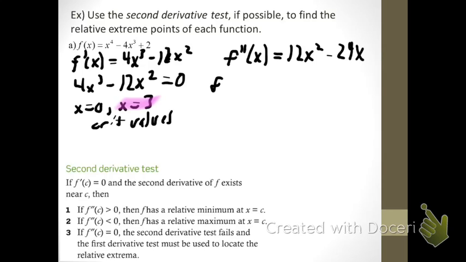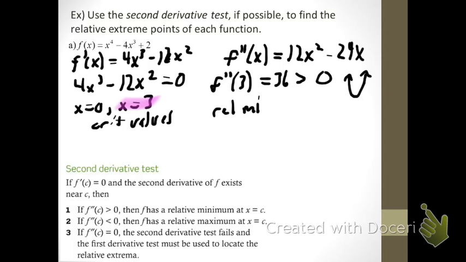If I plug in 3 into the second derivative, well, that's going to give me 108 minus 72, or 36, which is greater than 0. In other words, the second derivative is positive at that critical value. And since the second derivative is positive at that critical value, that means the graph is concave up there, and so that means that there's a relative minimum when x equals 3.